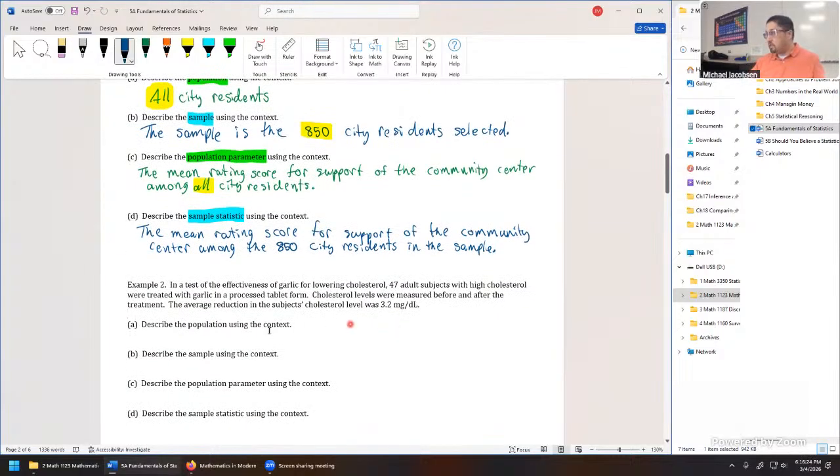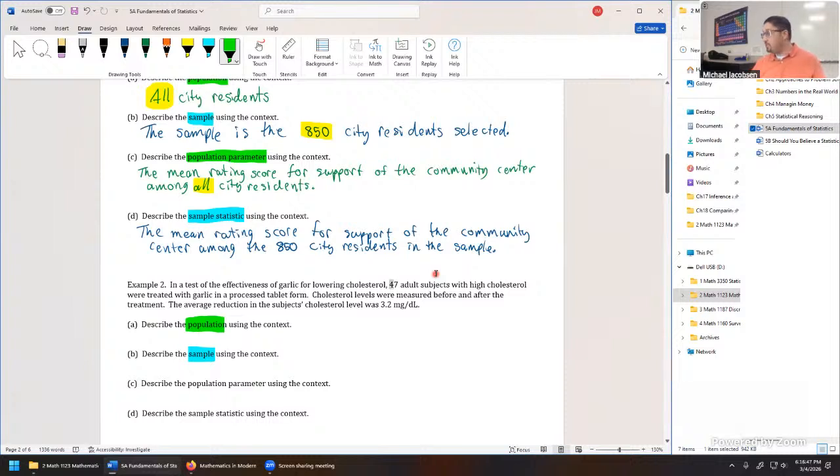Well, again, the population and the sample are not always easy to identify, but here's a big trick about thinking about both of them at the same time. The sample absolutely came from the population. And when they start talking about a number of subjects, that's a great keyword right there. They're talking about the sample.